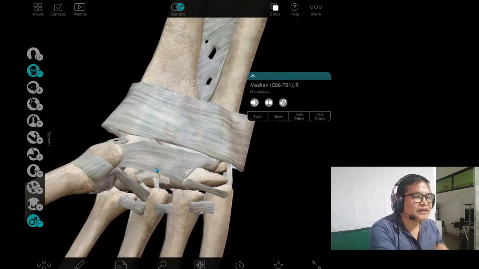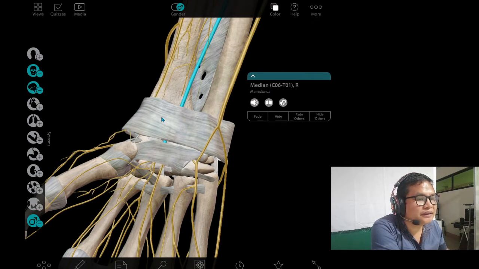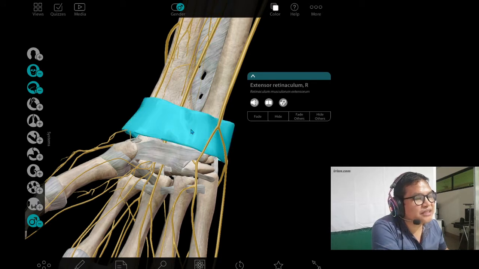Okay, so we are going to put the nerve back. Here, see, the nerve passes beneath this extensor and you have your flexor retinaculum.